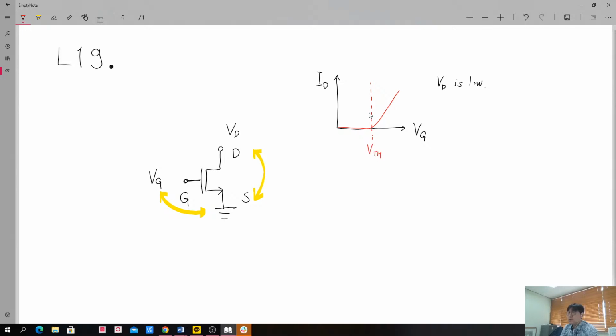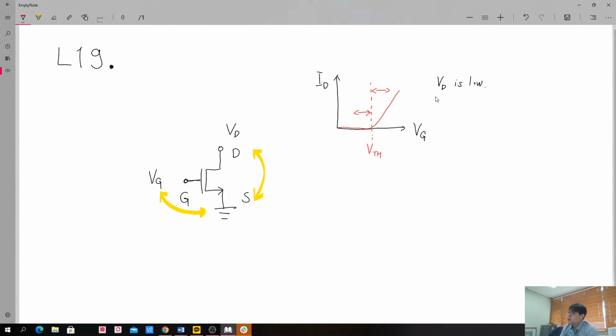Below threshold voltage, we have no electrons collected in the channel region, and beyond that threshold voltage, of course, we have a lot of electrons which can be used for current conduction.